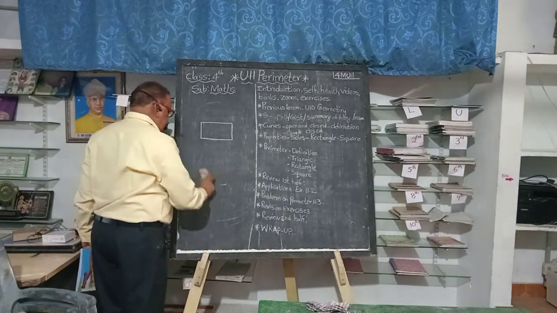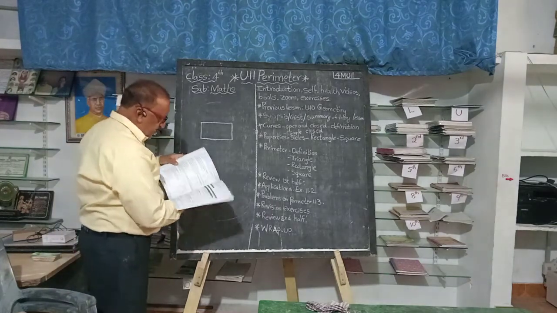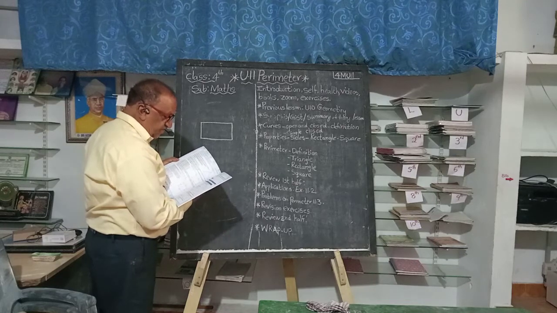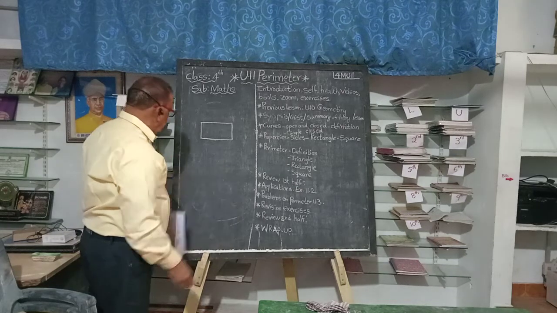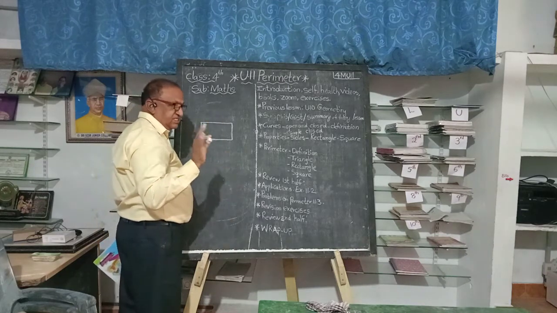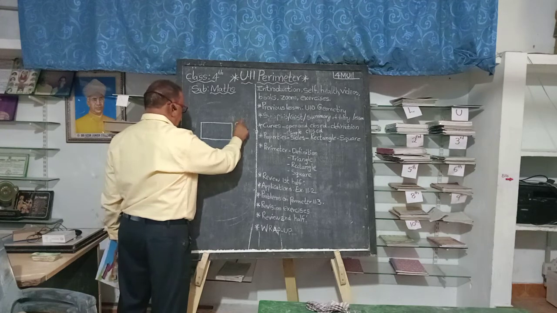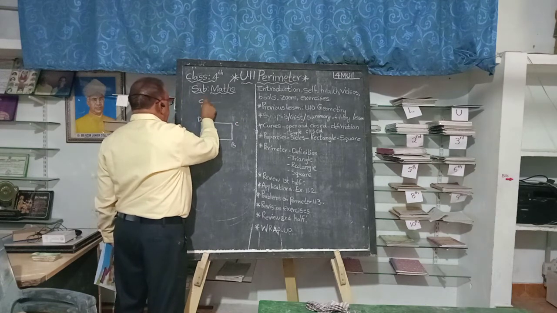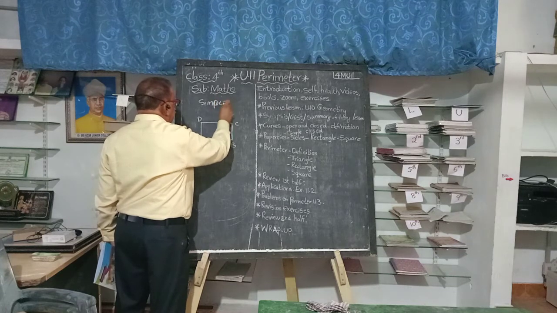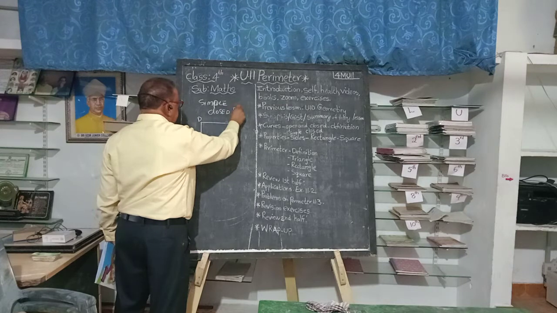Now we will look at the definition: the perimeter, the length of the boundary line of a simple closed figure, is called perimeter. This is a simple closed figure because it's not intersecting itself. So let's say A, B, C, D. It's a simple closed figure.